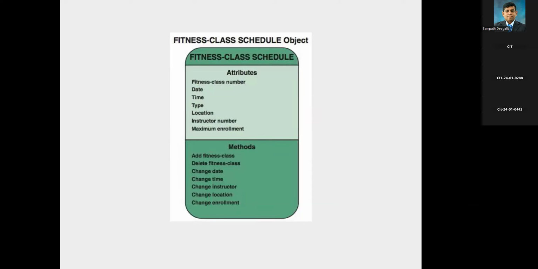If you look at this fitness class schedule as an object, you will see it contains a set of attributes like the fitness class number, date, time, type, location, instructor number, and maximum enrollment for a particular fitness class. And the methods could be used to interact with other objects as well as make changes to the same object: adding a fitness class, deleting a fitness class, and changing the date, time, instructor, location, and enrollment.